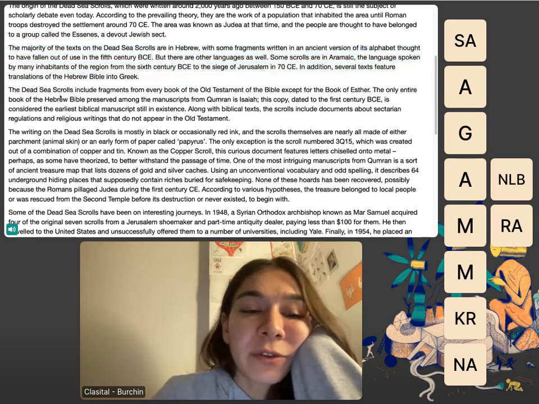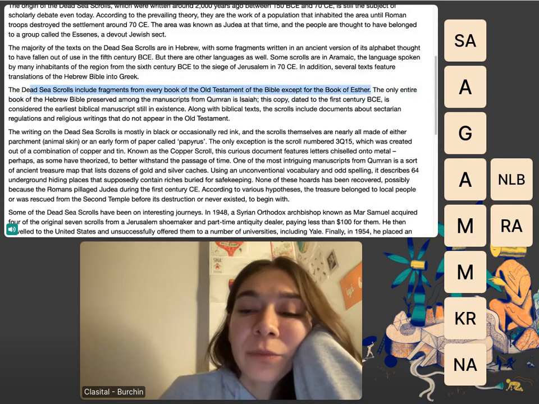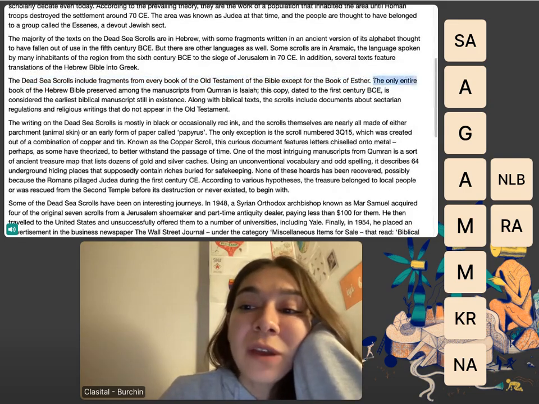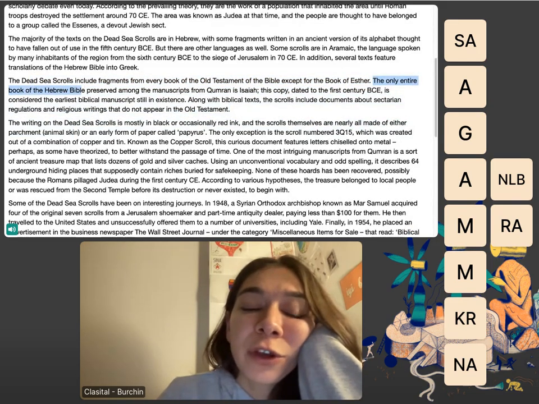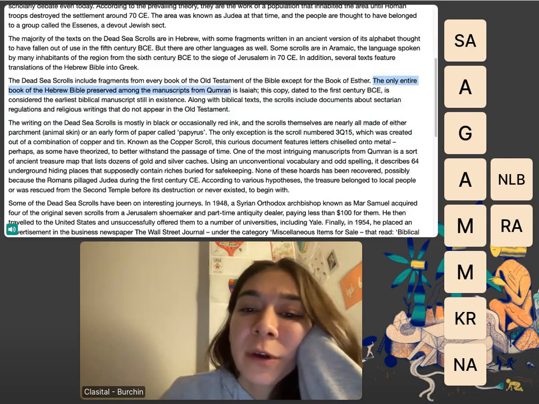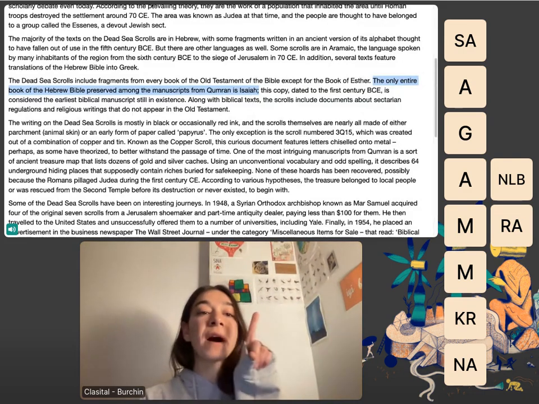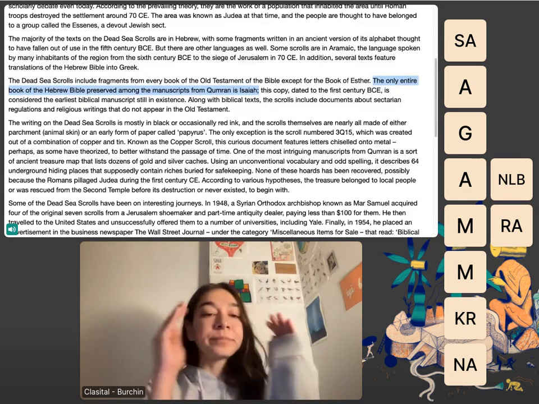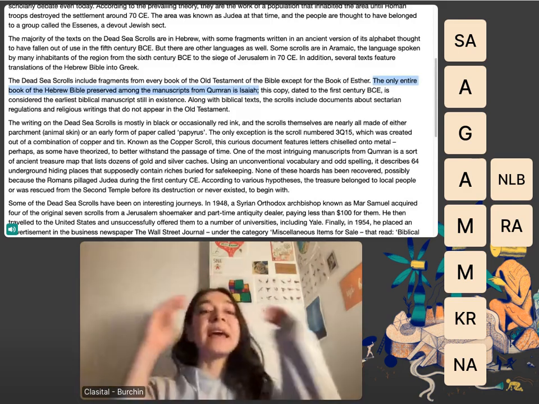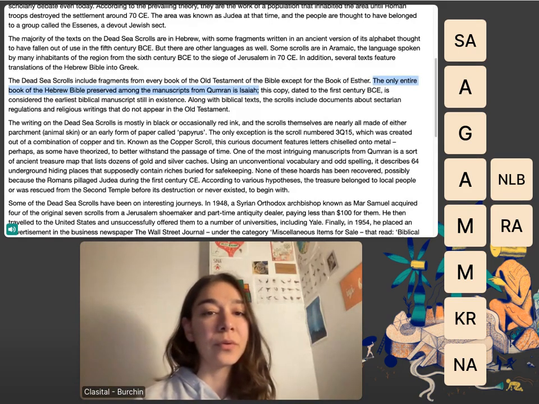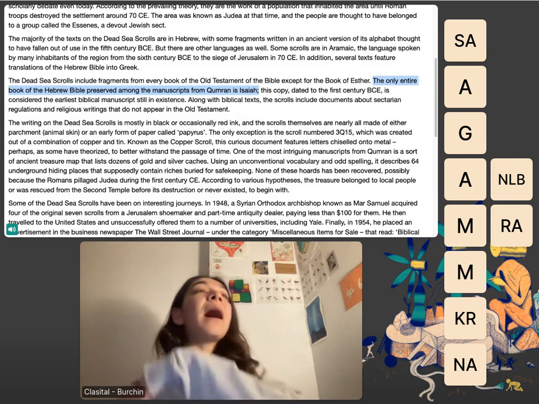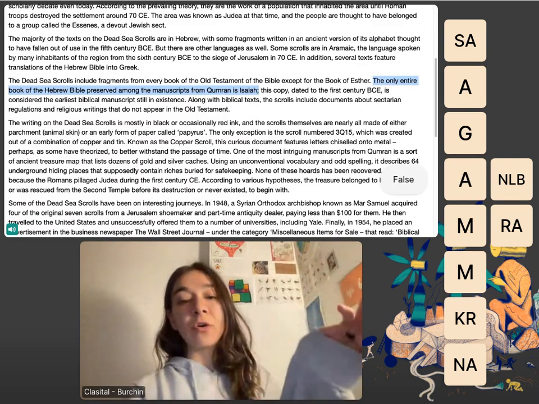The Dead Sea Scrolls include fragments from every book of the Old Testament of the Bible except for the book of Esther. The only entire book of Hebrew Bible preserved, among the manuscripts from Qumran, is Isaiah. So there is only one book that covers the entire book. So the others were incomplete.